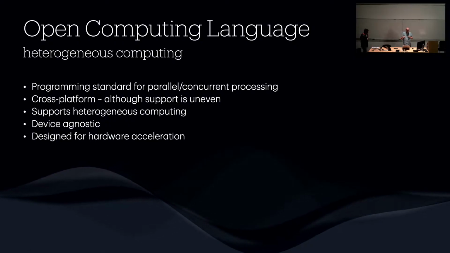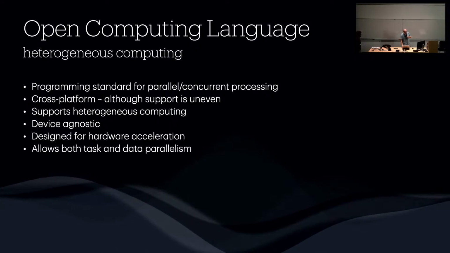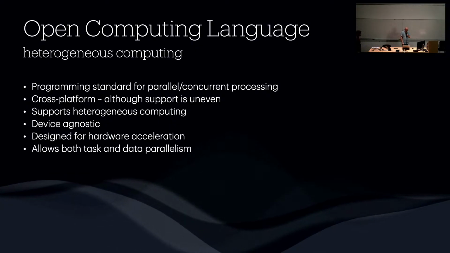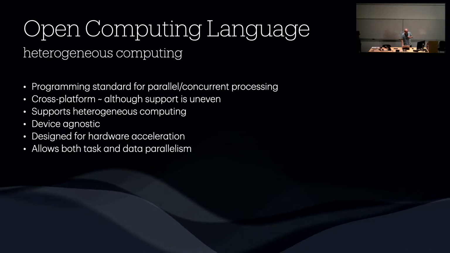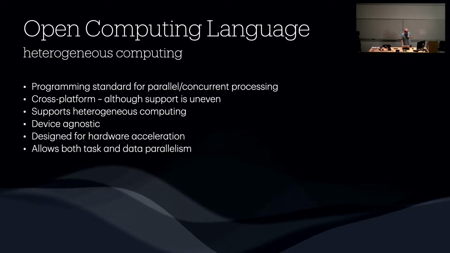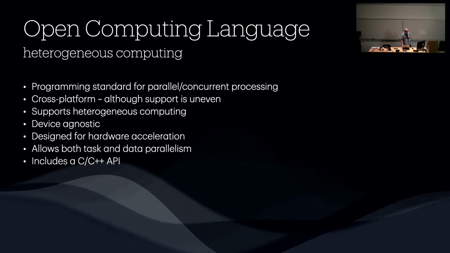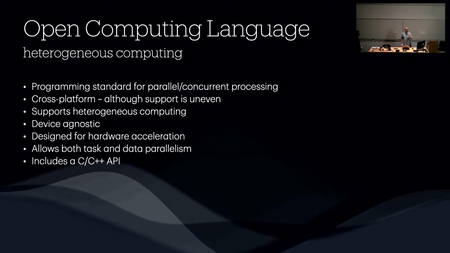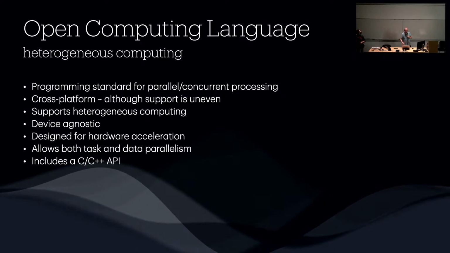So we can offload processing into that. It allows both task and data parallelism, which is really a plus. We can design functions and opcodes around that. And it has a C and C++ API, which is good, so you don't need to do Objective-C like in the Mac.